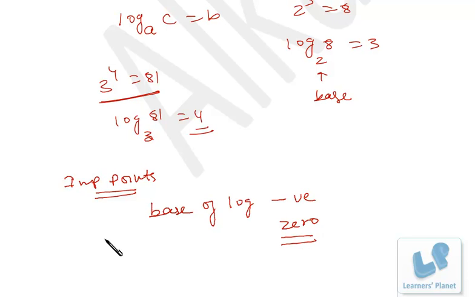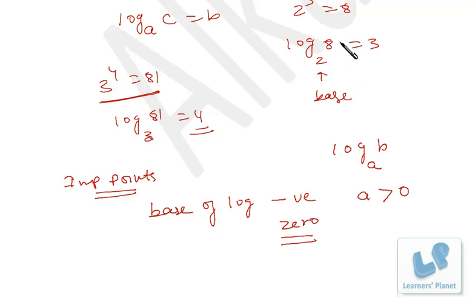So the base of the logarithm cannot be negative and it cannot be 0. That means for the term log b to the base a, a should be greater than 0. For values less than or equal to 0, the base is not at all defined, or we can say logarithm itself is not defined.